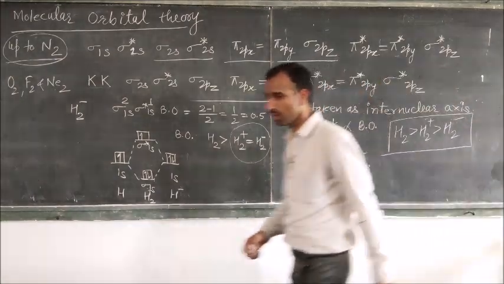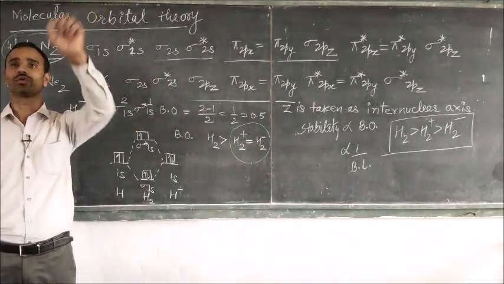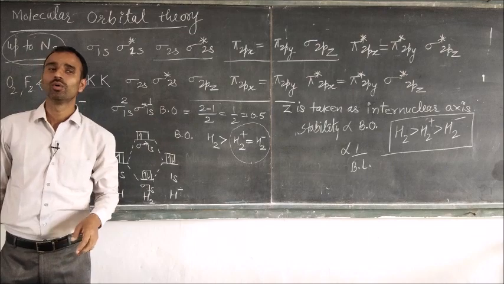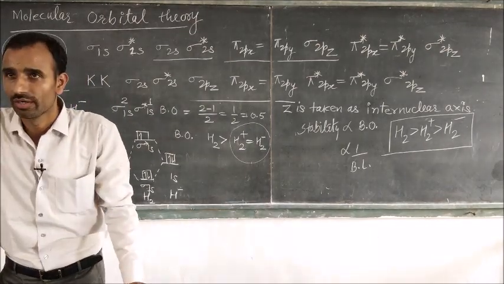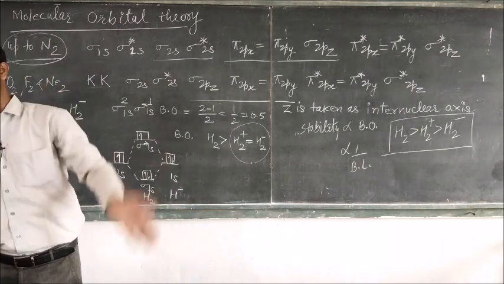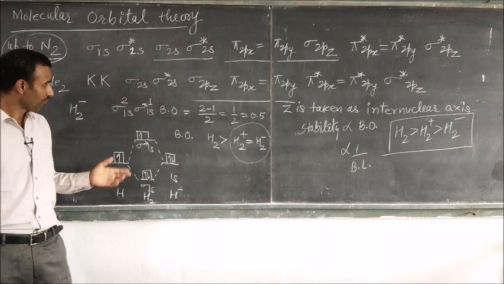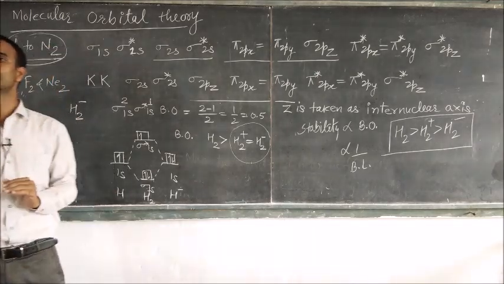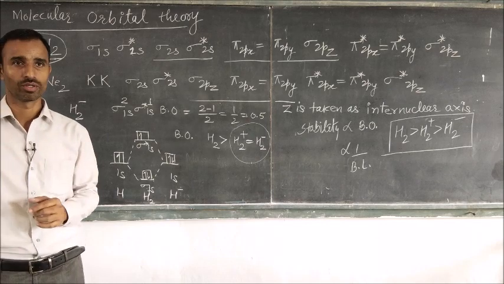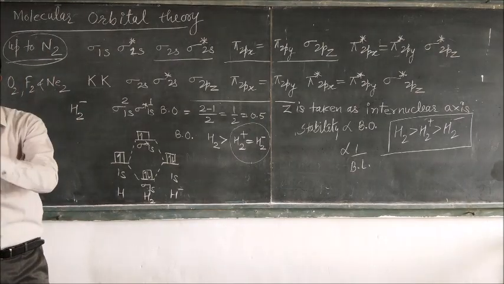Why is it so? Because as per one statement, bonding is less bonding, anti-bonding is more anti-bonding. So what it means, you know, when we write H2 plus, we remove an electron from bonding. So it decreases the stability.